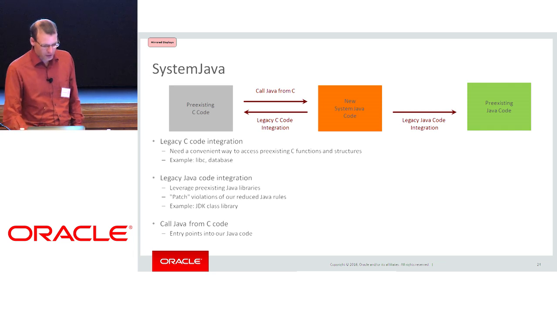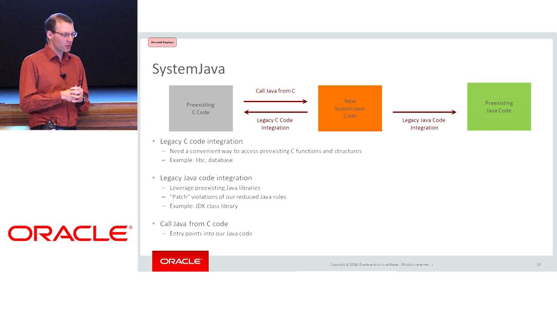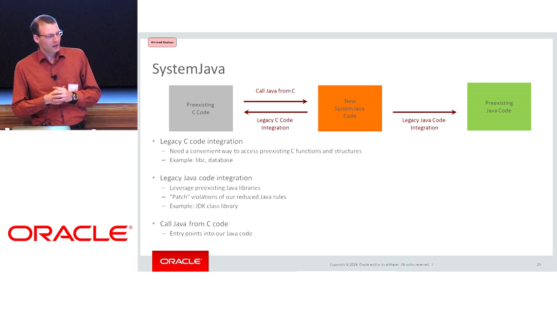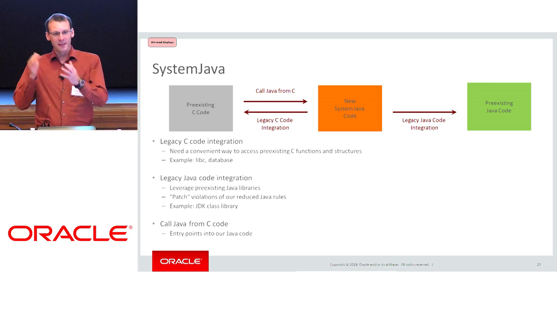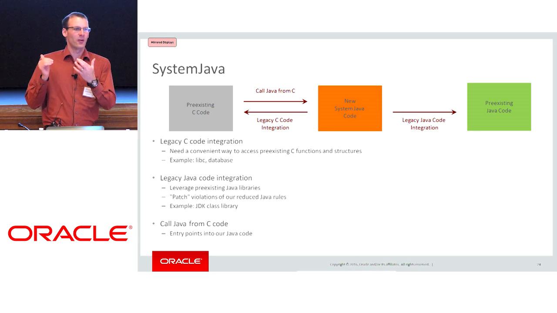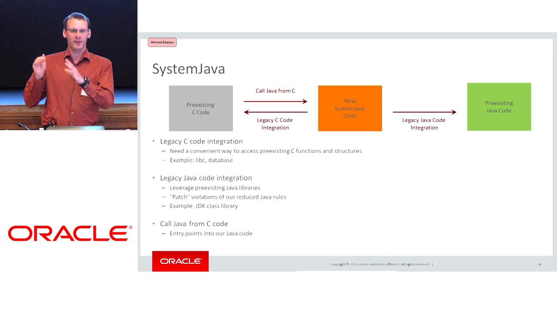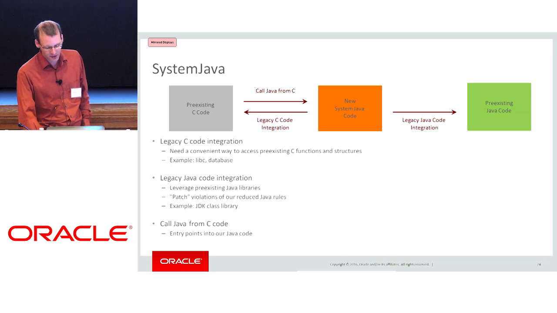And we use the same infrastructure to integrate with C code. And when we have pre-existing Java code like the JDK that violates our constraints, because the JDK uses reflection and dynamic class loading, then we just patch this Java code and substitute a few JDK methods.